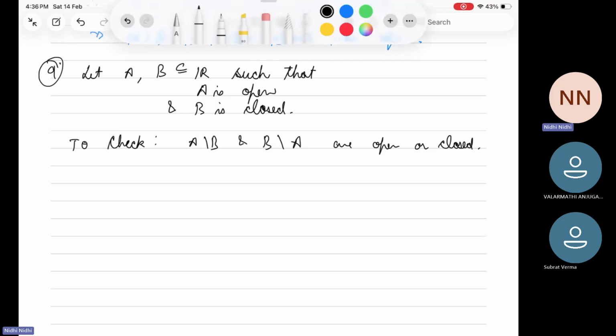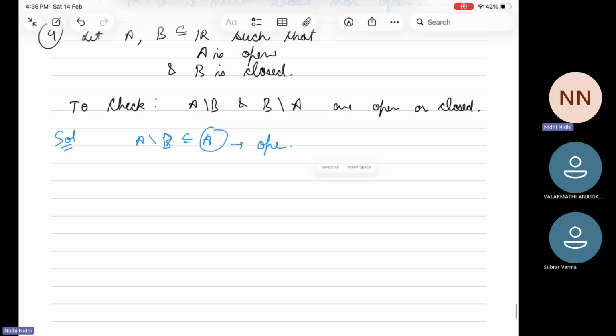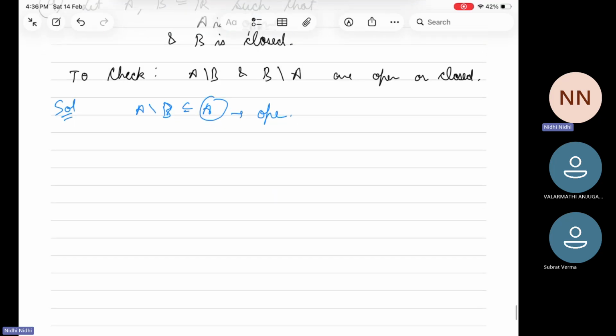Now let's start with the solution. Clearly A minus B is a subset of A, which is an open set. So we can try to think whether maybe this A minus B is open also. Not necessarily true, but we get some idea. Okay, so let's start with how to prove that a set is open.